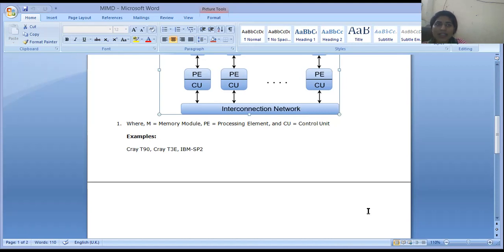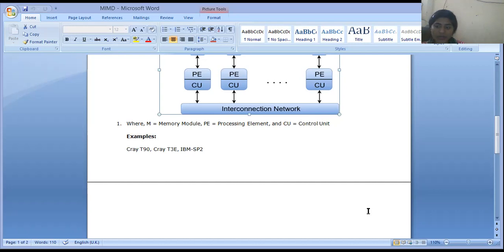Now comes the next point, distributed memory MIMD. Distributed memory MIMD machines are known as loosely coupled multiprocessors, unlike the tightly coupled shared memory multiprocessors. All processing elements have a local memory, but there is no global memory.